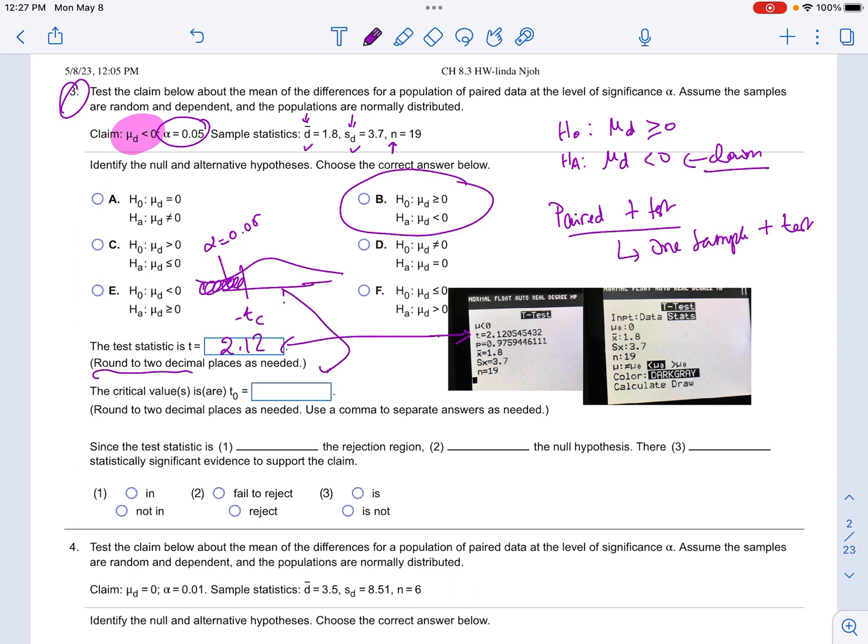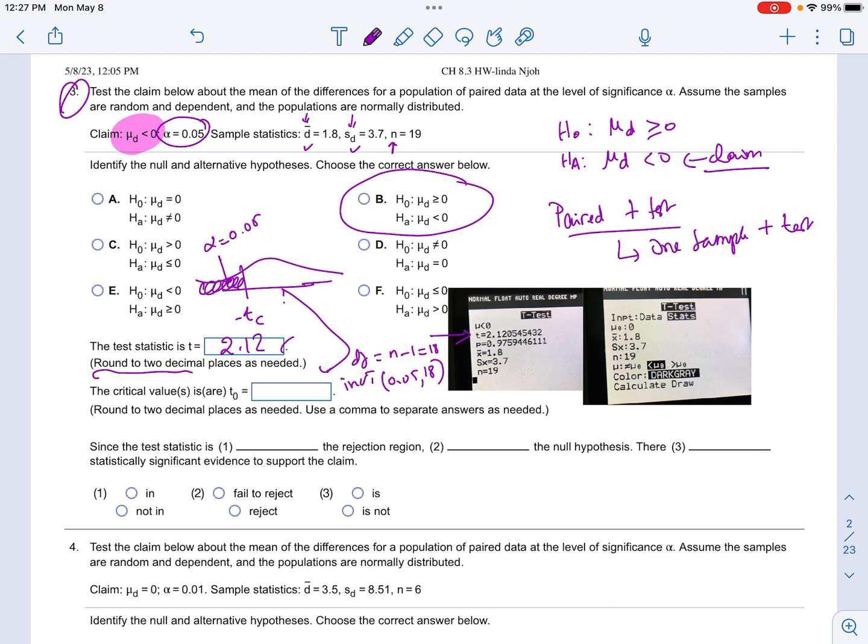The way we get this is we just do inverse t with 0.05. Your n is 19, so the degrees of freedom is n minus 1, which is 18. That's what you plug in. I hope everybody is on the same page as me.